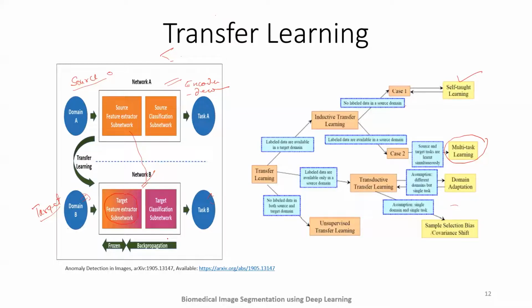This is still very few work, or almost nil work, that has been done in this way to solve image segmentation using few shot learning, where in the domain we want to solve the problem, we have only one labeled case.